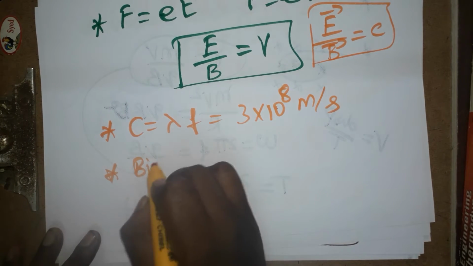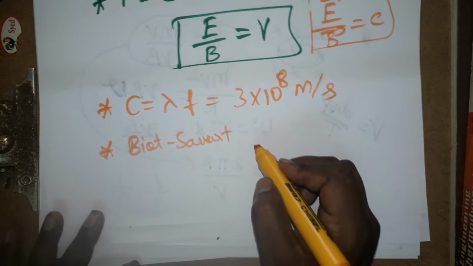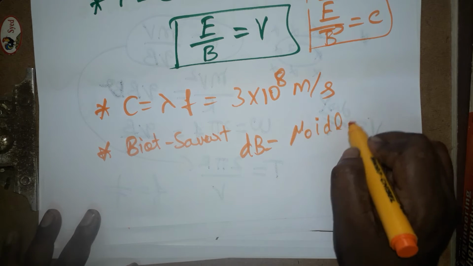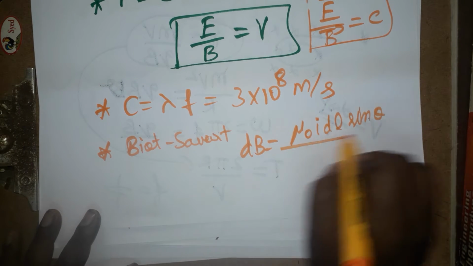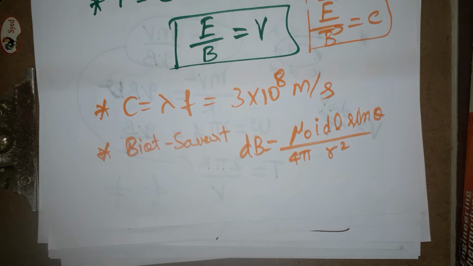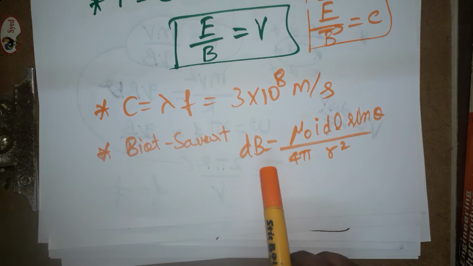Next, Biot-Savart law. It's a very important principle. dB is equal to mu naught I dl sin theta divided by 4 pi r square. Directly you can explain the law: dB is directly proportional to current, directly proportional to length, and inversely proportional to the distance square.